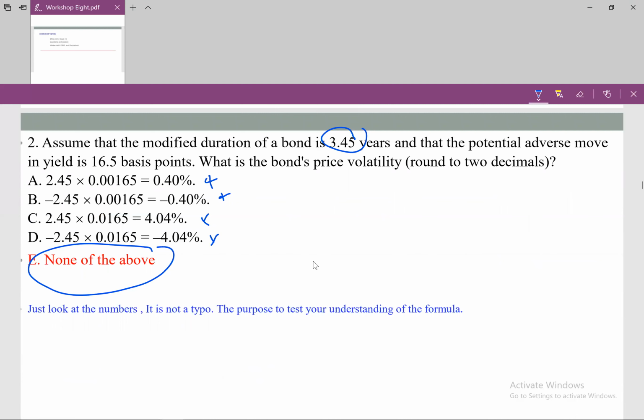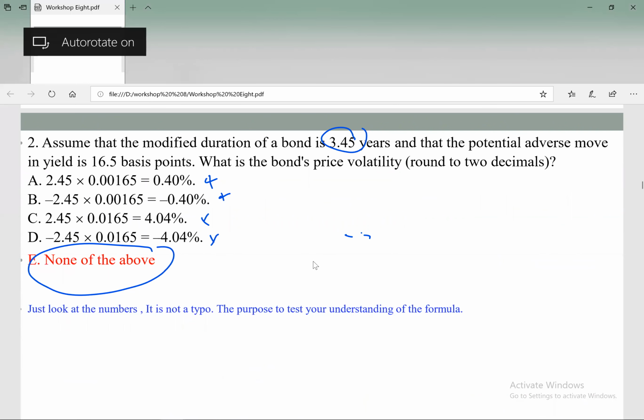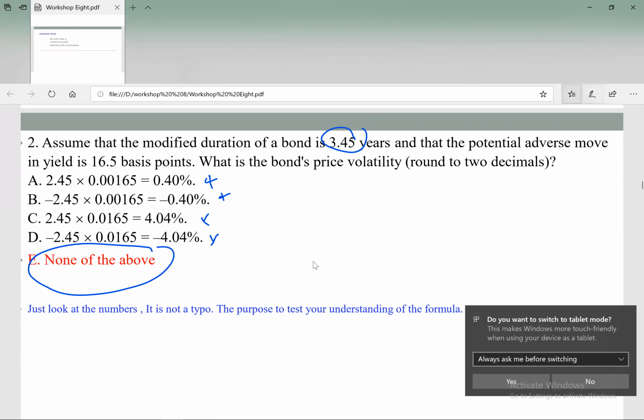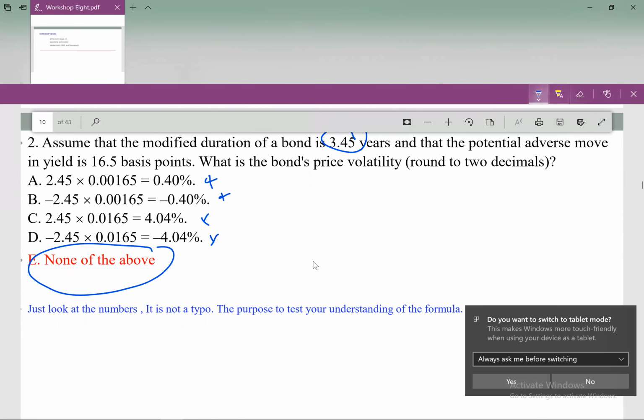The answer for question number 3 is that you have to multiply. This is the right answer. Just multiply it. So it's 3.5.